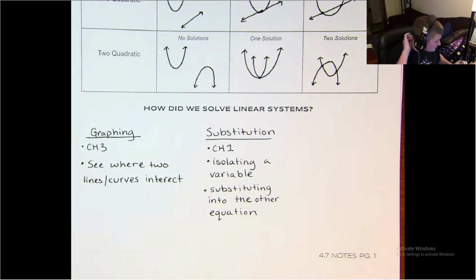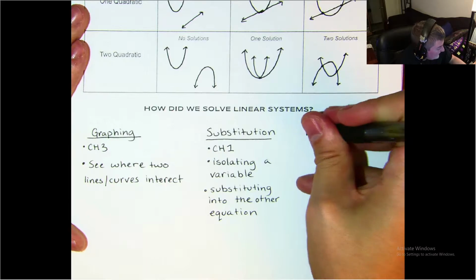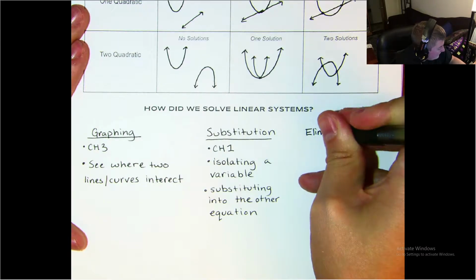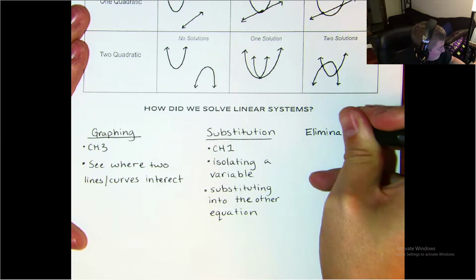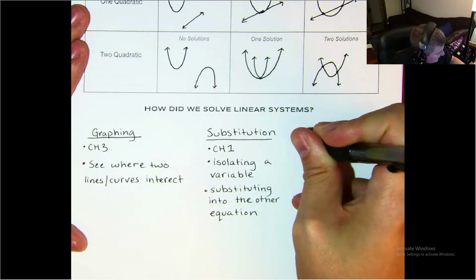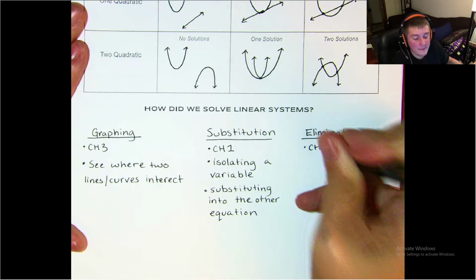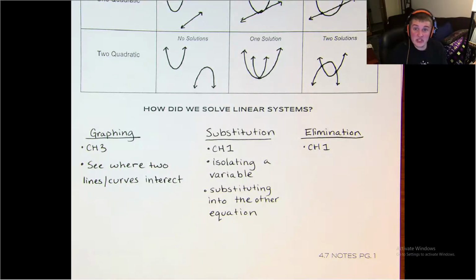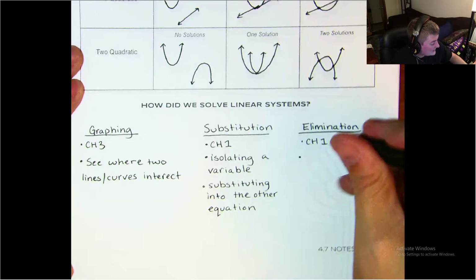All right. And then lastly, there was the elimination method. Again, this was done back in chapter 1. And in chapter 1, this is one where we created opposites in a variable.